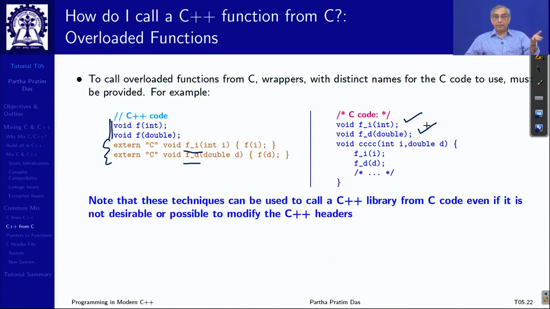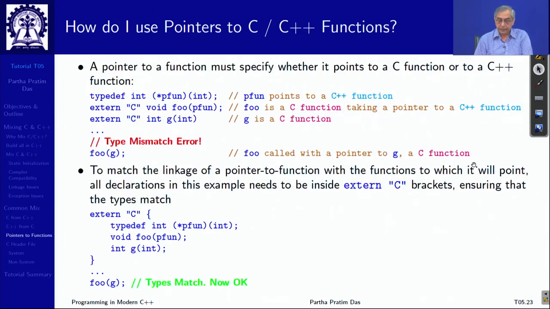You call the wrapper functions as you want, because you cannot have the advantage of overloaded names in C. So, you have to explicitly call f i with an integer parameter, or f d with a double parameter, and correspondingly the wrappers will be called in C++ and the overloaded functions will be invoked, right. So, now you have got the strategy. The strategy is to have a wrapper to take the function name to the global space.